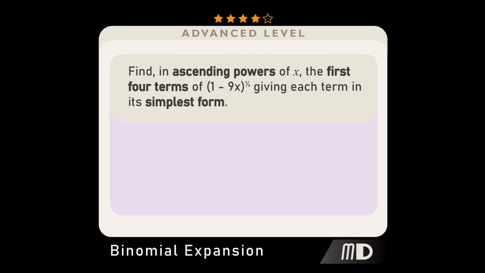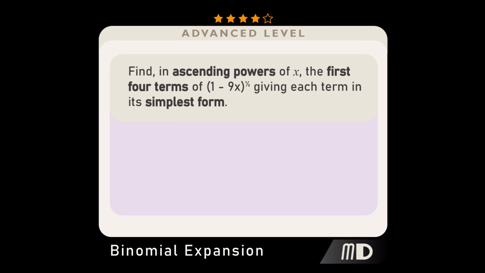The binomial expansion, also known as the binomial theorem, is a formula in algebra for expanding a binomial with 2 terms of the form 1 plus z raised to the power of n.